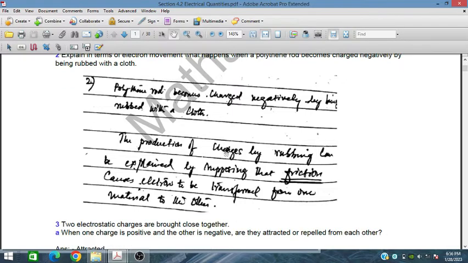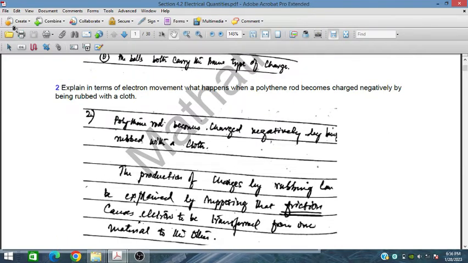The production of charge by rubbing can be explained by supposing that friction causes electrons to be transferred from one material to the other. So the polythene becomes negatively charged, meaning the electrons appear on the polythene from the cloth.